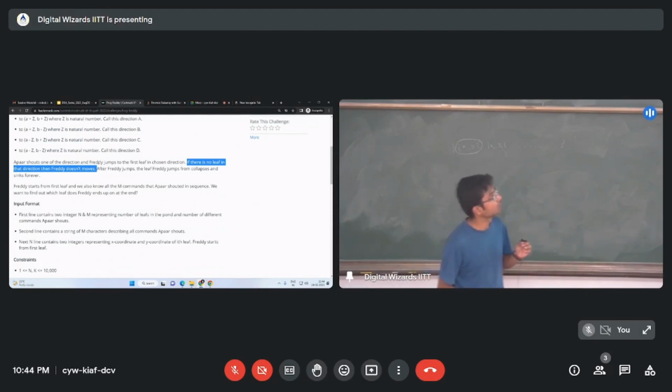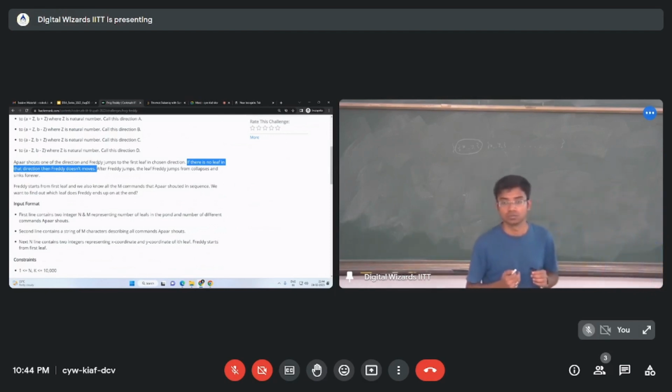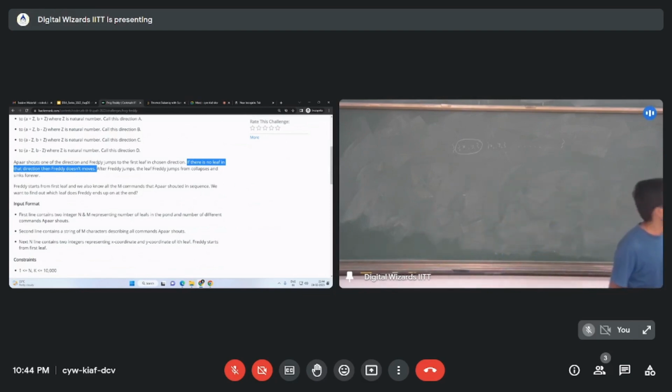So any doubts here in the question? If not, could you guys come up with a brute force idea of implementing the solution? A very brute force one. Just see the limits. Here, n and k are in the range of 10,000.